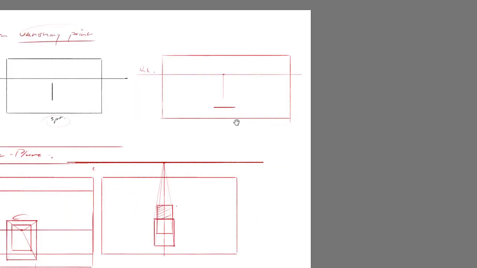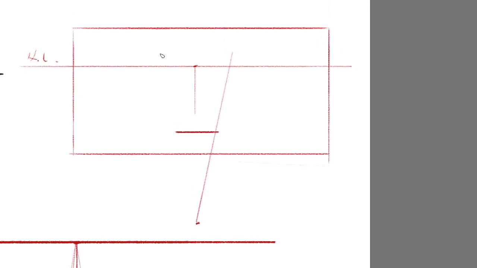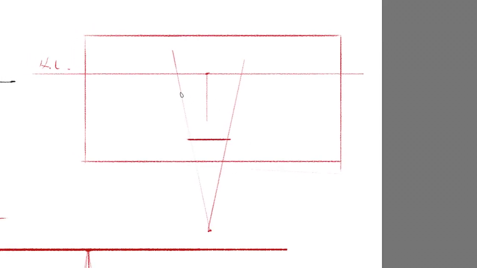So let's say below, so this means that the guy was looking down. So I'm going to put a vanishing point somewhere here, and then I'm going to go through this point. Just because it's a grid, I can actually extend beyond, because I just want to use this as construction lines. And then I'm going to put in the height.